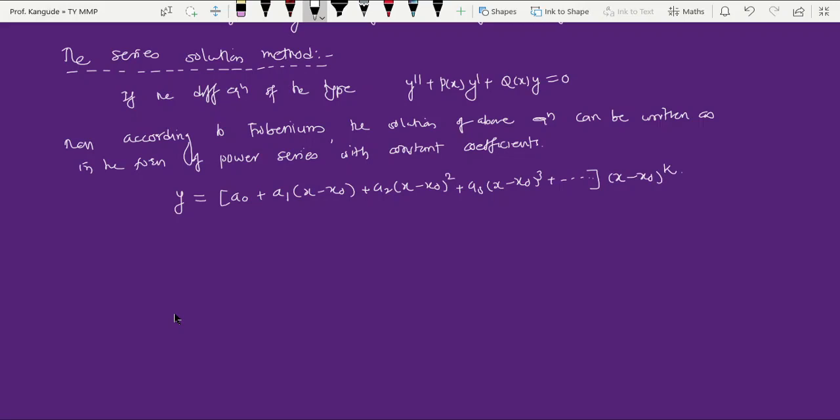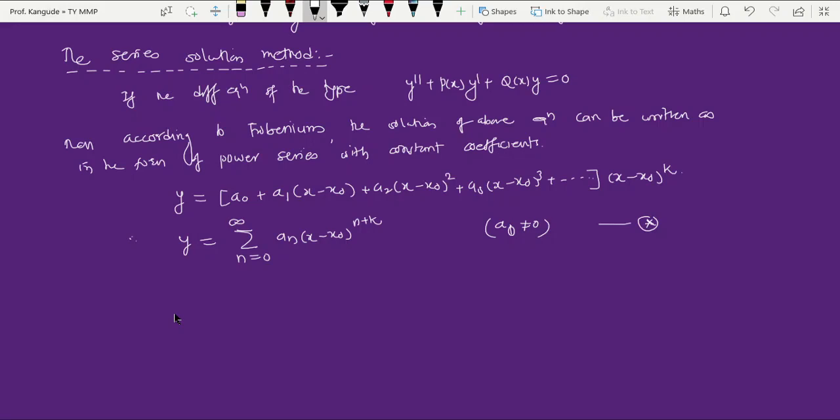In short I can write y is equal to the summation over n equal to 0 to infinity of an times (x minus x0) raised to n plus k. This is an infinite power series, and the most important condition here is that the first coefficient a0 should not be equal to 0. This is the star equation, what is called a power series.